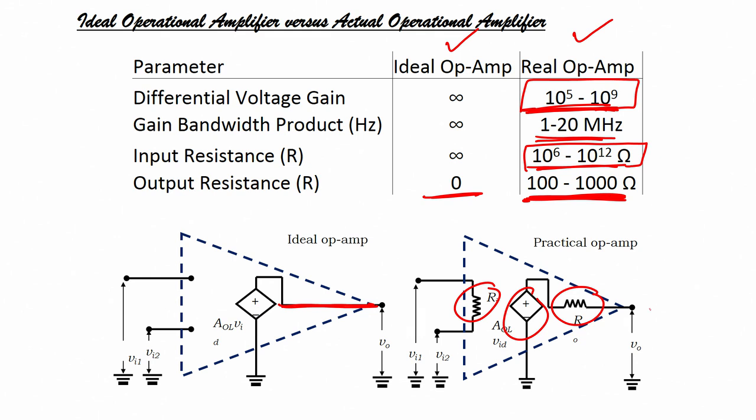Finally, we are showing the output voltage here also. So, this is how you can draw the equivalent circuit of the ideal versus actual, real or practical op amp, easy, right.